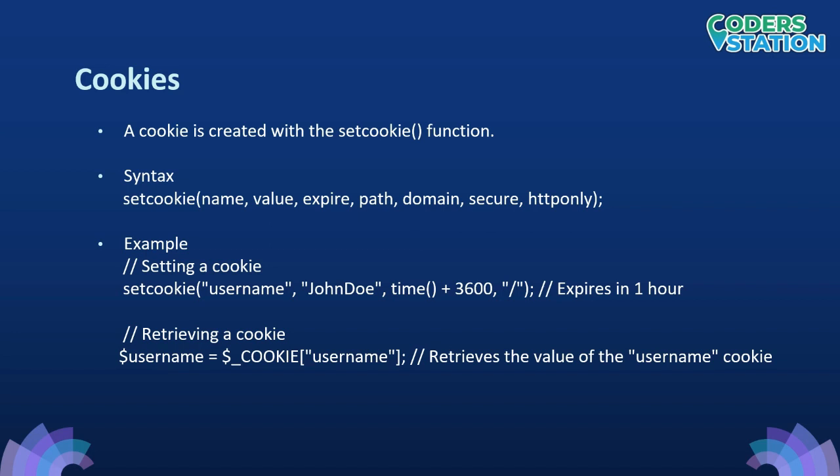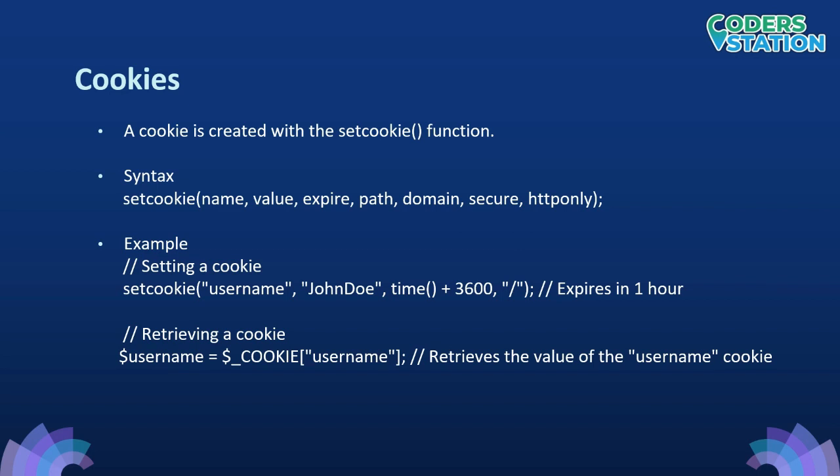So a cookie is created with the setcookie function as discussed. The syntax of the setcookie function is setcookie(name, value, expiry date, path, domain, secure, httponly). The further ones are optional parameters, but name and value are the necessary parameters.